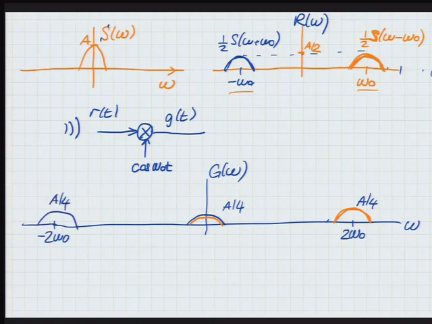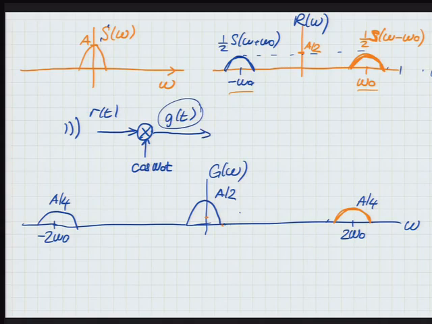But now what I have at the center is two copies added together, right? So they add up, and instead of A over 4, I get A over 2. Okay? So G of t, after the multiplication with cosine again, will have this spectrum.